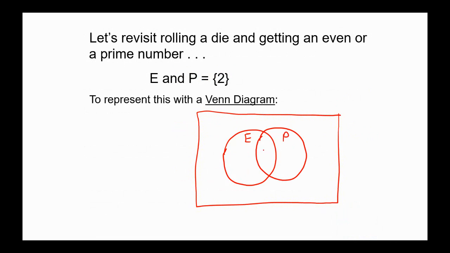We got the P. 2, 4, 6. What were our other two numbers? 2 for prime. 3 and 5. And then outside we had a 1. So the intersection of E and P would be this area right here. There's our intersection.